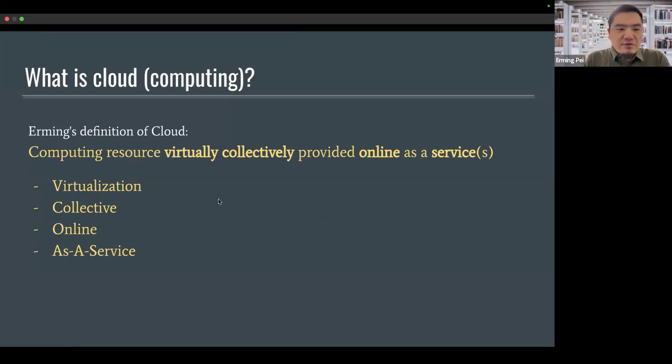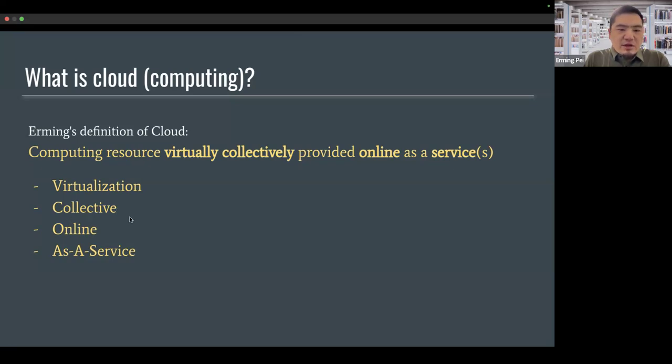It features four attributes. First, virtualization, because cloud relies on virtualization for everything, from hardware to software to network to even management and administration. This is the very fundamental part of cloud.